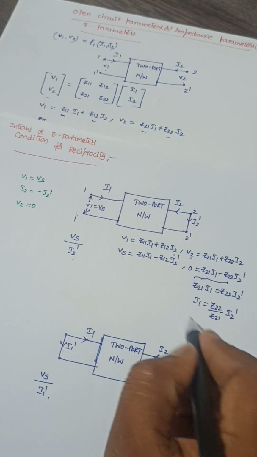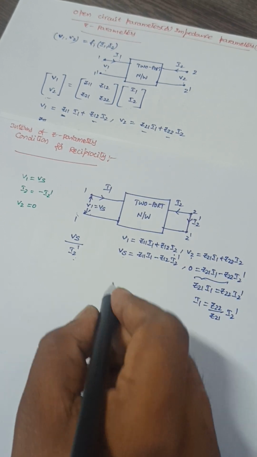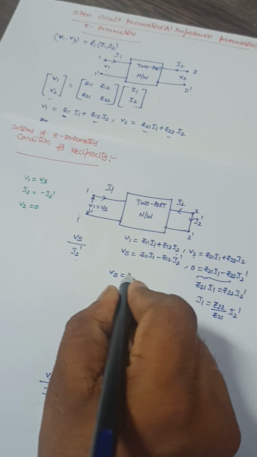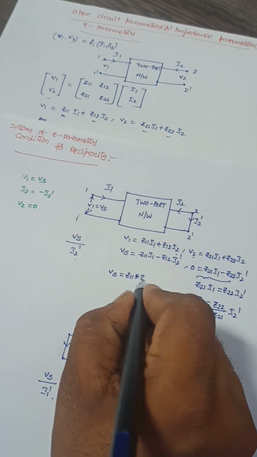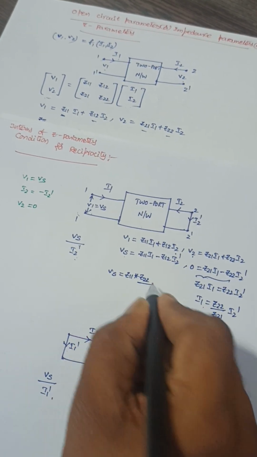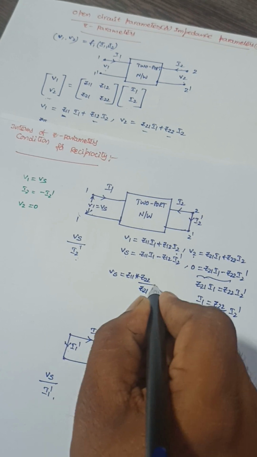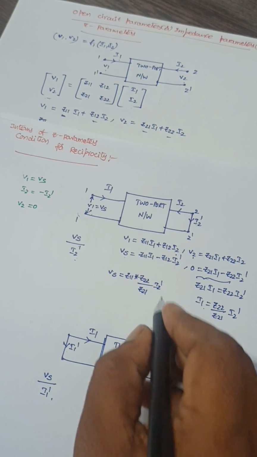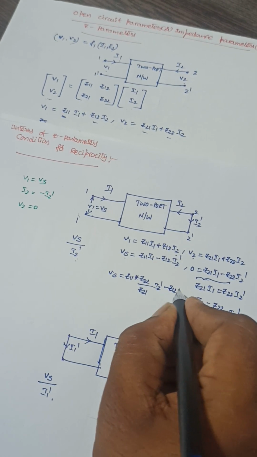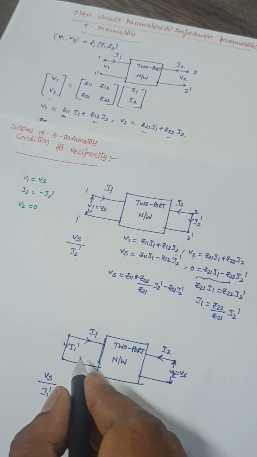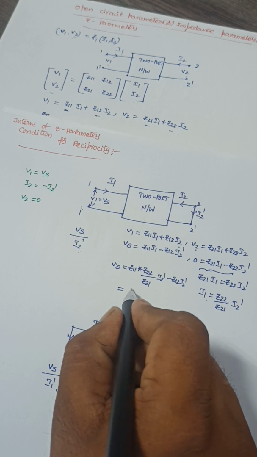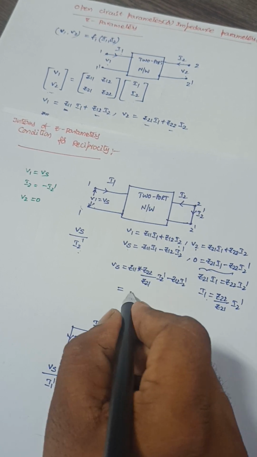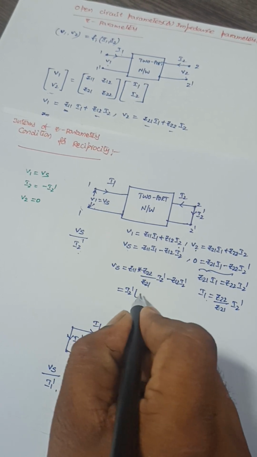Now substitute this I1 equation in this expression. So Vs is equal to Z11 into, in place of I1, replace with this one, Z22 divided by Z21 into I2 dash, minus Z12 into I2 dash. Same thing, so now rewrite this one by taking I2 dash common here.